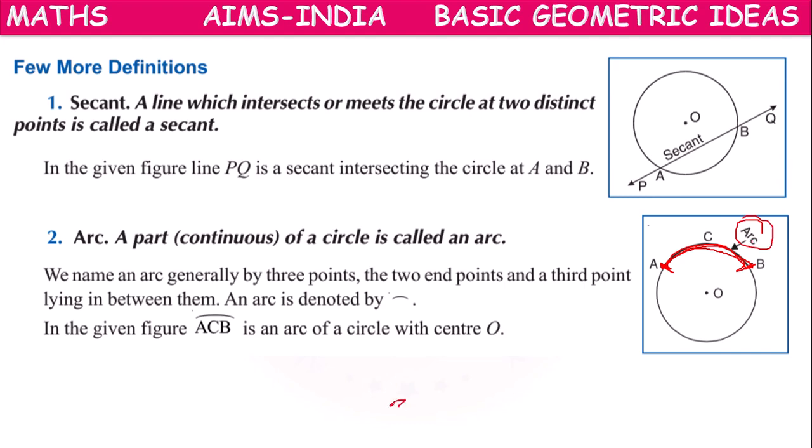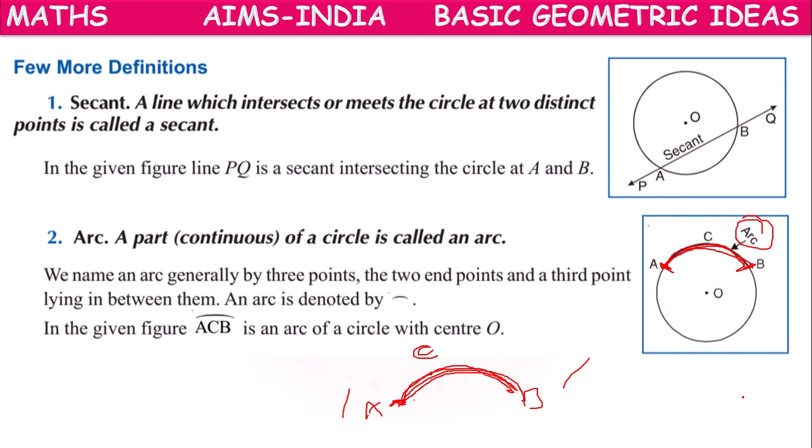So normally it is having point A and here point B, where A and B are the end points of the arc, and one more point C which is lying in between A and B on the arc.